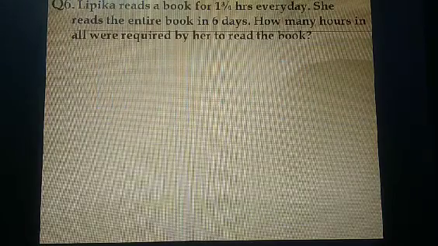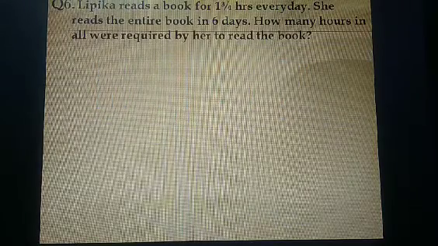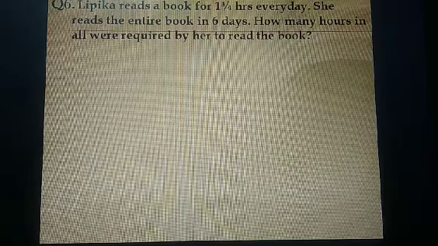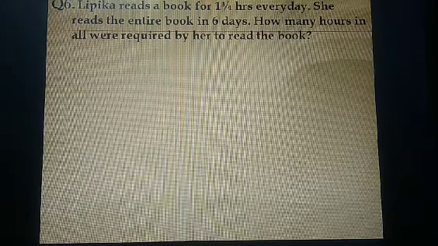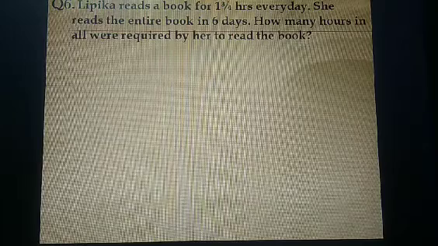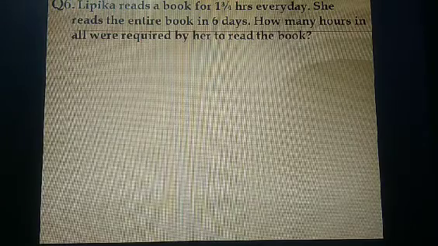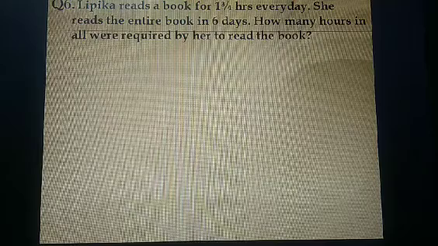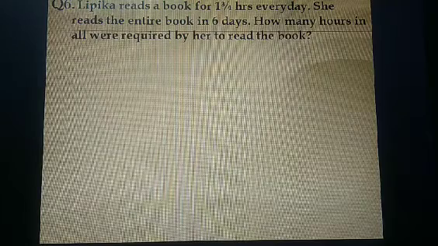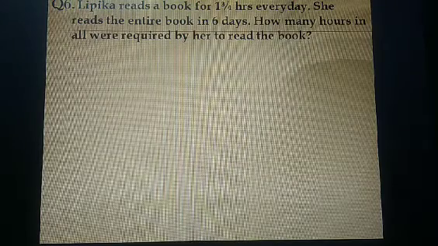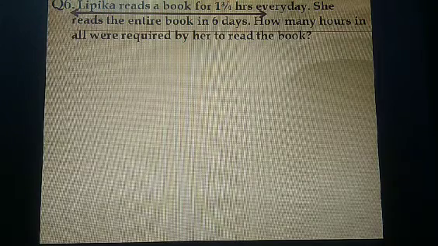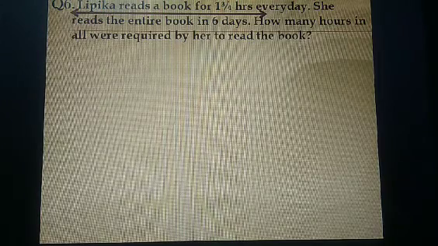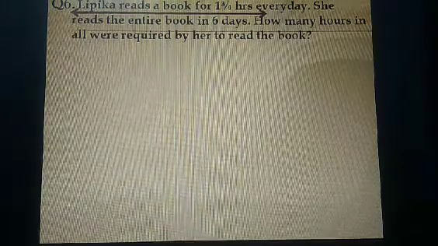Question number 6. Lipika reads a book for 1 3 by 4 hours every day. She reads the entire book in 6 days. How many hours in all were required by her to read the book? Yes, the first line gives you, Lipika reads a book for 1 3 by 4 hours every day.